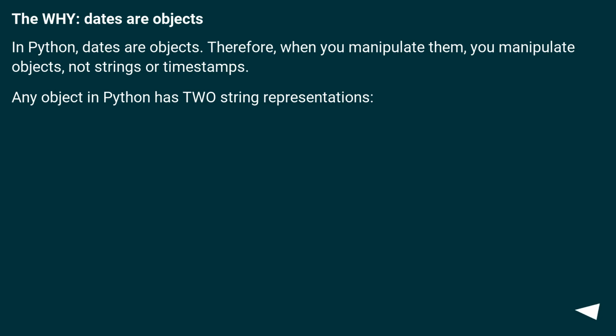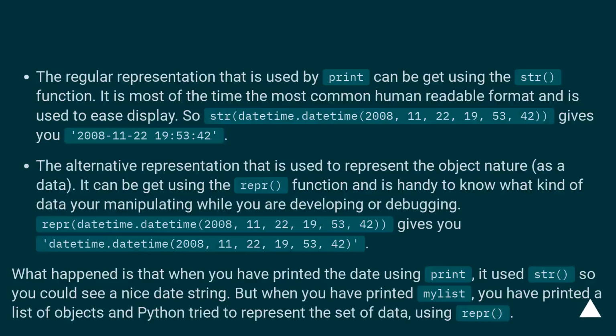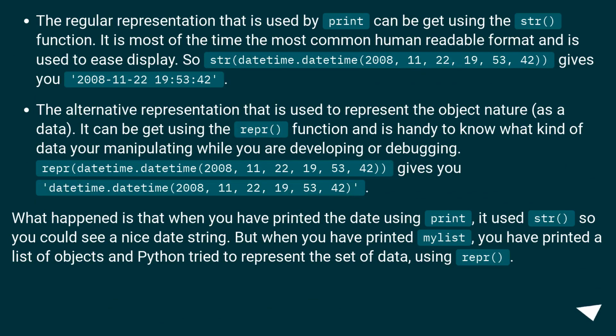The why: dates are objects. In Python, dates are objects. Therefore, when you manipulate them, you manipulate objects, not strings or timestamps. Any object in Python has two string representations. The regular representation that is used by print can be gotten using the str function.